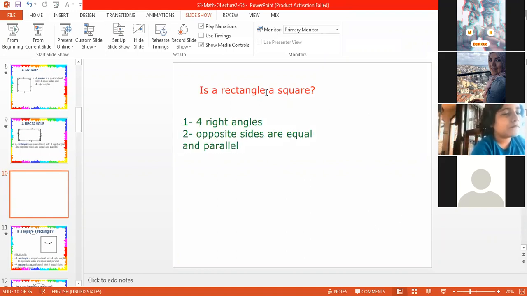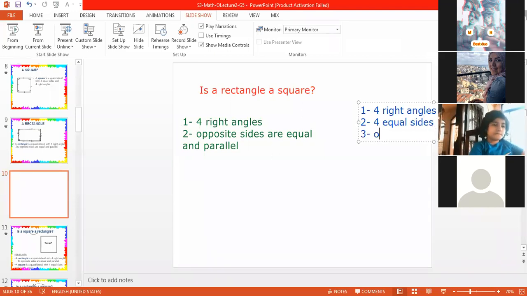Let us list the properties of a square: 4 right angles, 4 equal sides, and the opposite sides are equal and parallel.